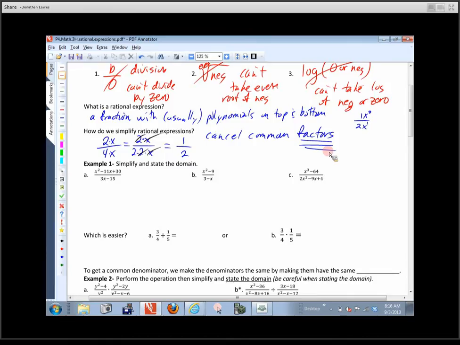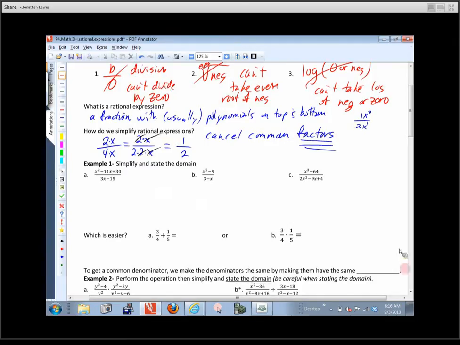So we're going to have to factor some things. And we also have to be aware with rational expressions of what numbers are okay to plug in. Because a fraction is just a little division problem, right? So if I've got a division problem, I better make sure I'm not dividing by 0. See the flow here? See how all this fits together?